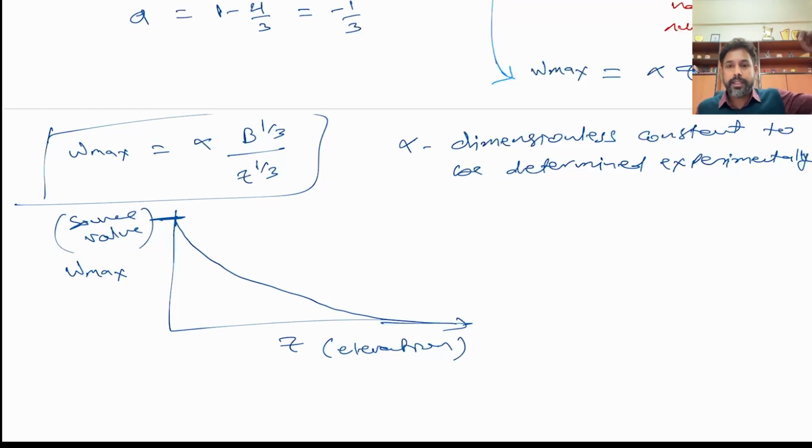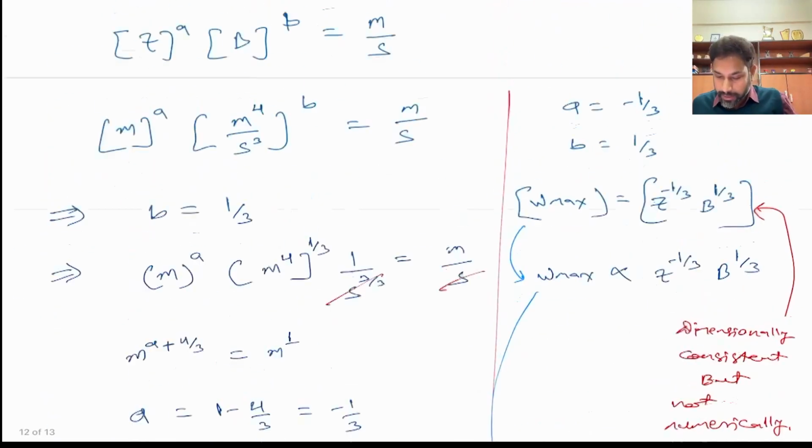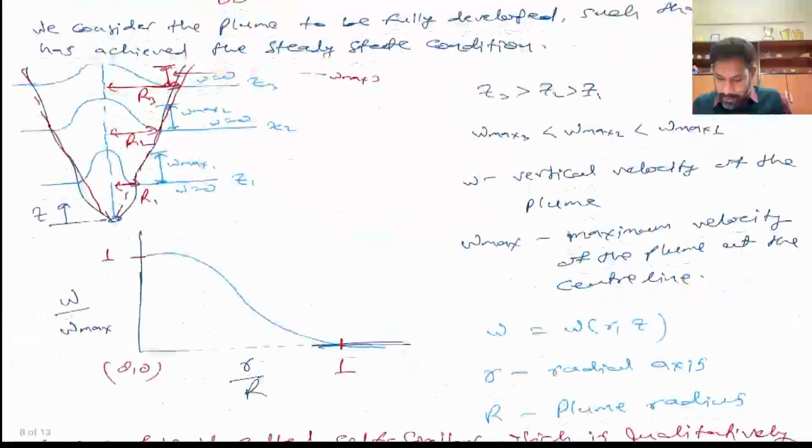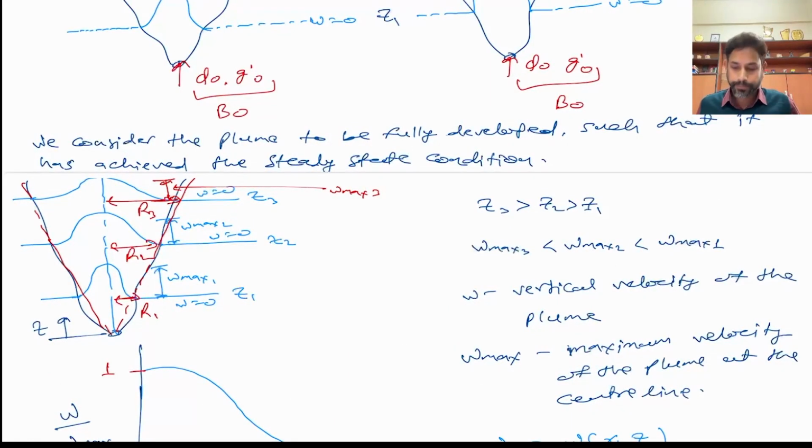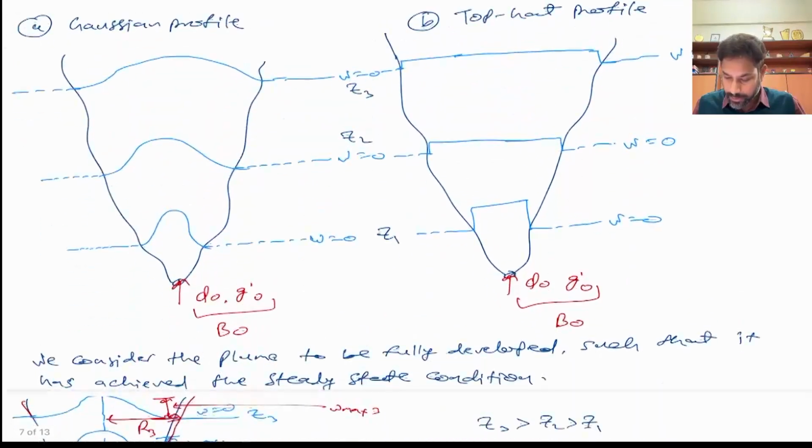So W max actually decreases with the 1/3 power of Z. So basically, as you go up from the source, your W max, or that is the center line velocity, slowly decreases, right? And that is something we already had seen here in this particular plot. Like the center line velocity is very high at the beginning, but as we go up slowly, that center line velocity decreases, right? And it is decreasing with the 1/3 power of height, where we are considering a Gaussian profile.